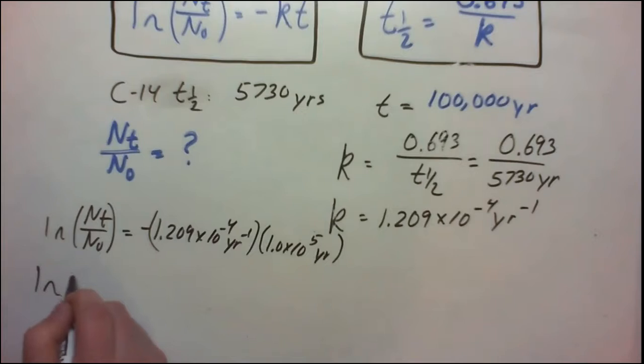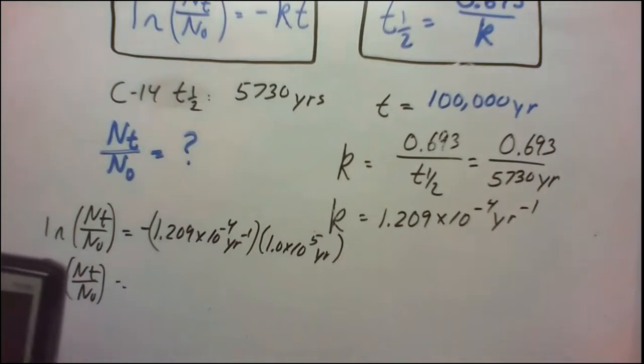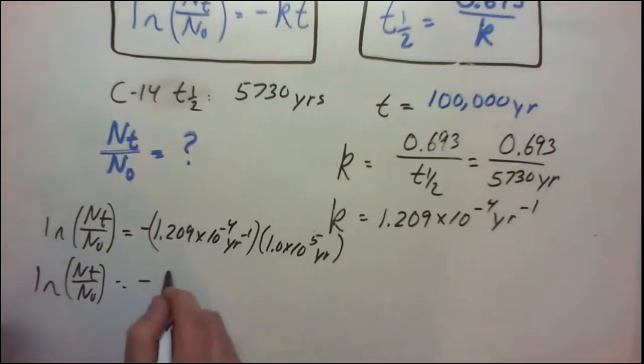So natural log of this ratio is equal to negative k times t, so negative 1.209 times 10 to the minus 4 times 1 times 10 to the 5, gives us a value of negative 12.09.